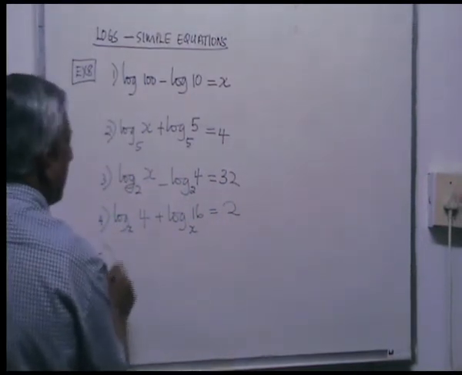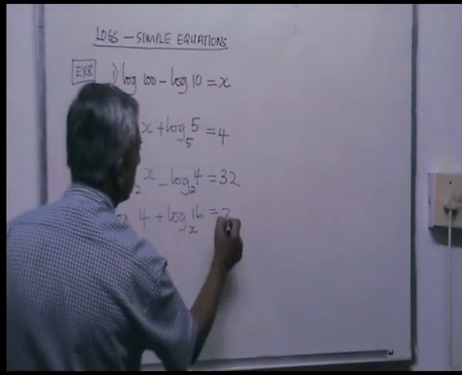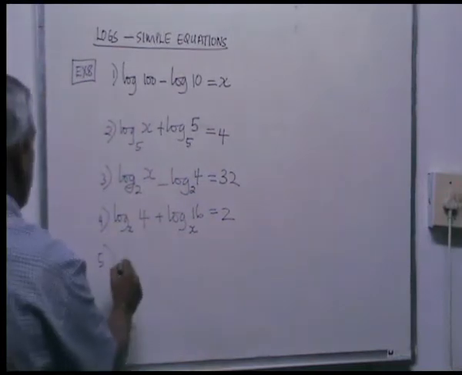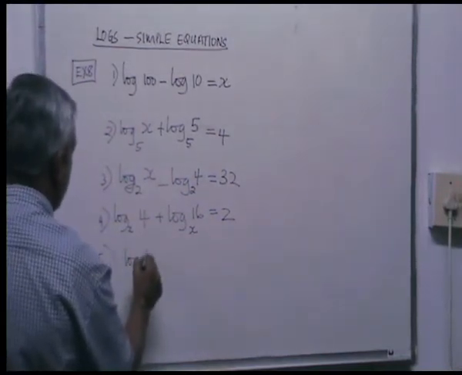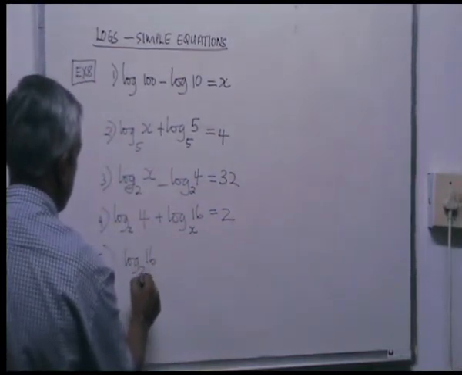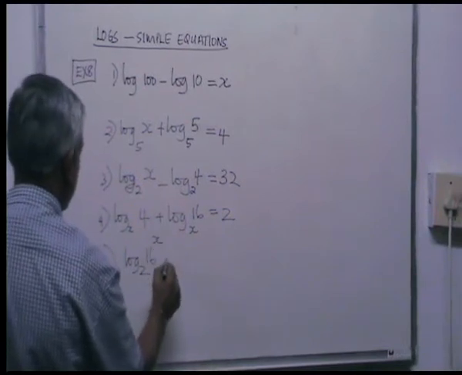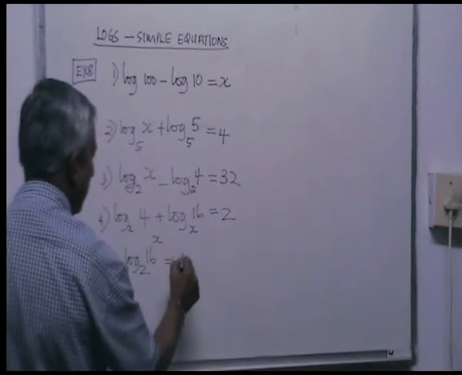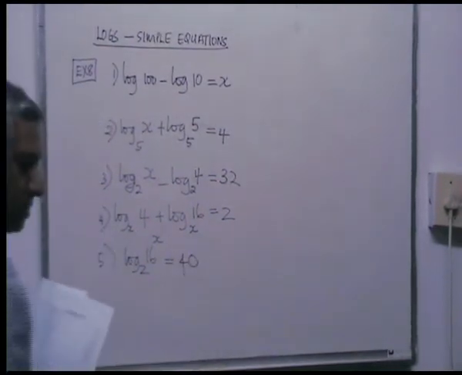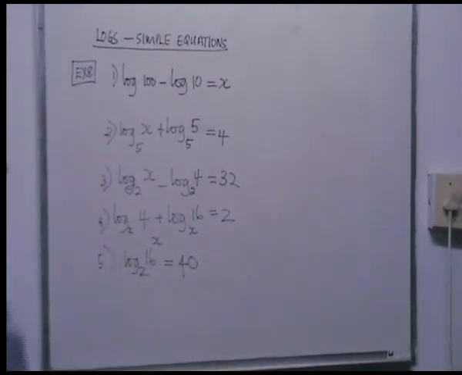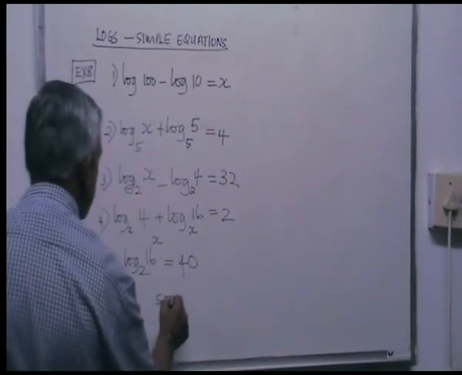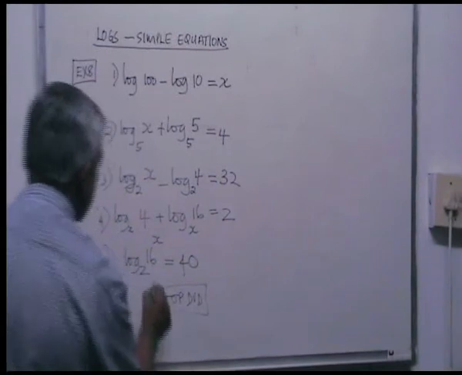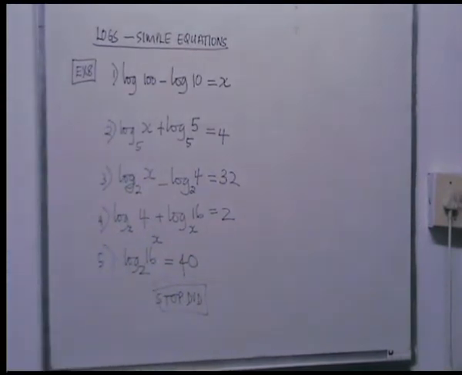And number 5: log of 16 to the base 2 to the index x is equal to 40. Alright, let's do this 5 first. Stop the DVD and try it, take it down, try it, and then come back to us to mark them.